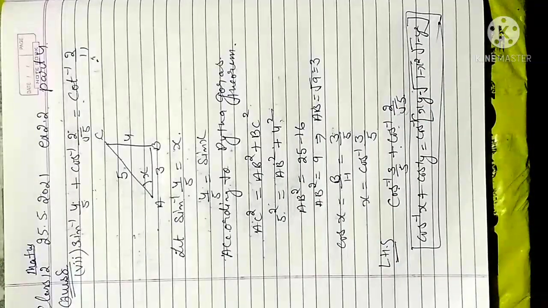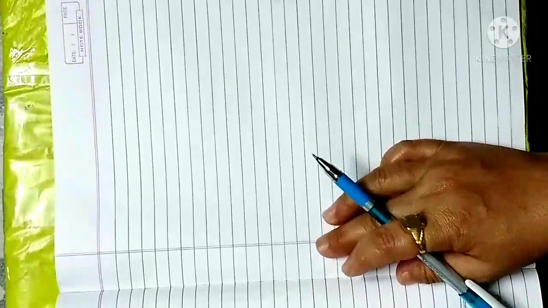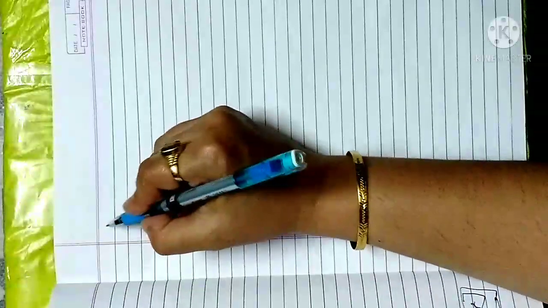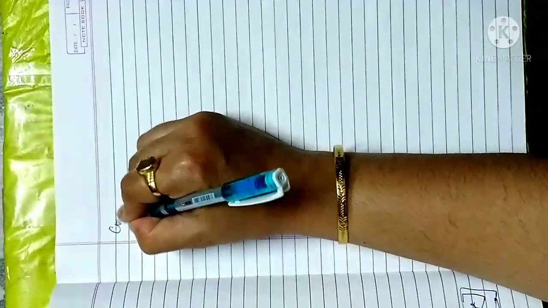So when I apply the formula here, what will be my condition? In place of x there is 3 by 5 and in place of y there is 2 by root 5. So how will I write the formula?